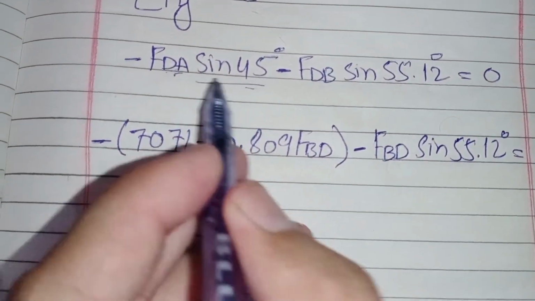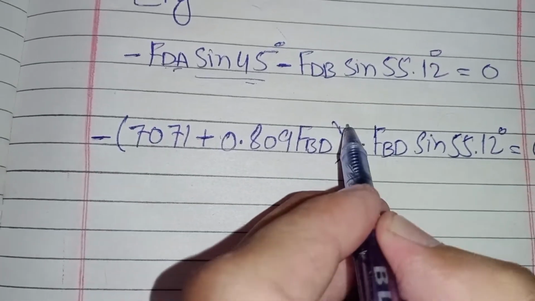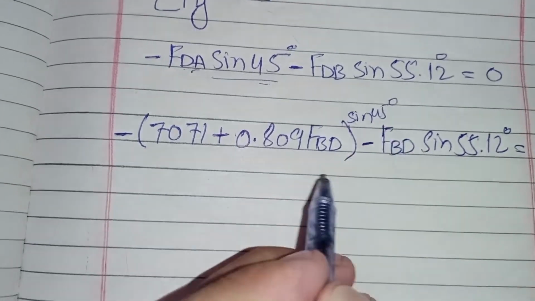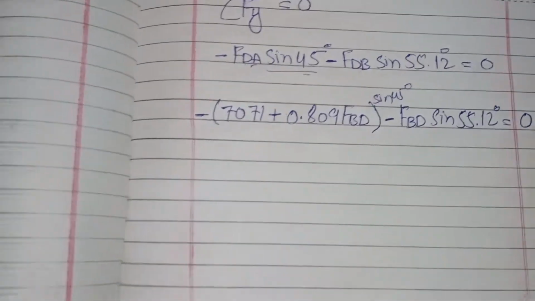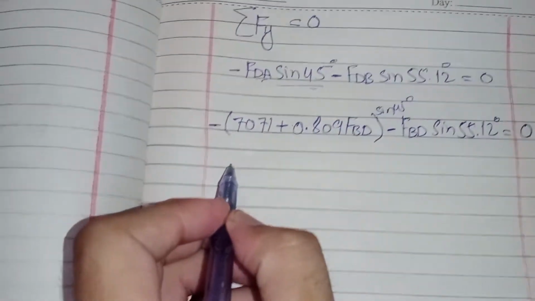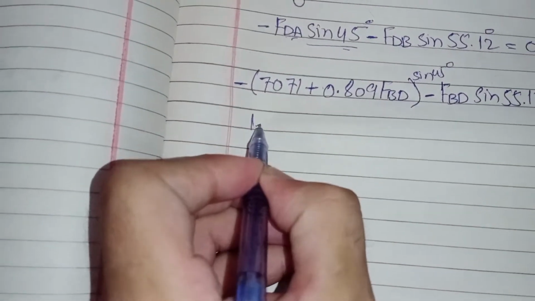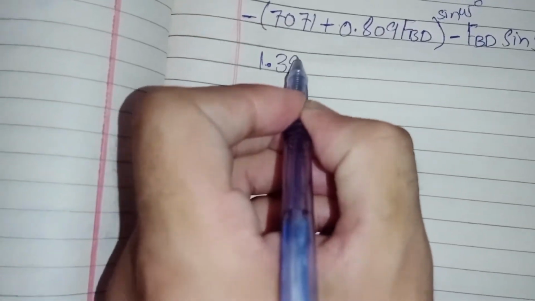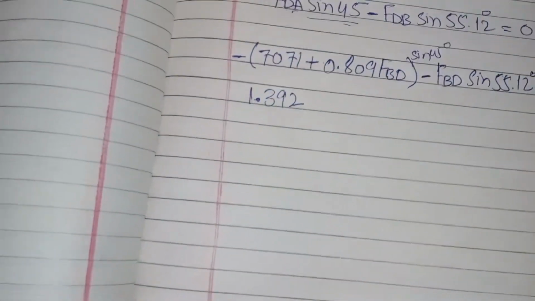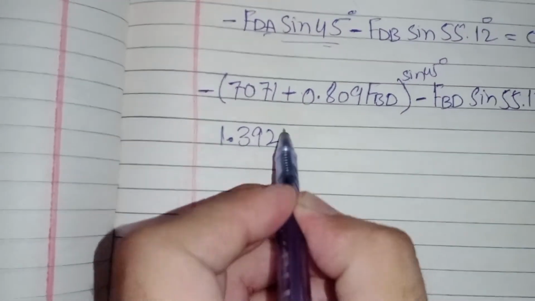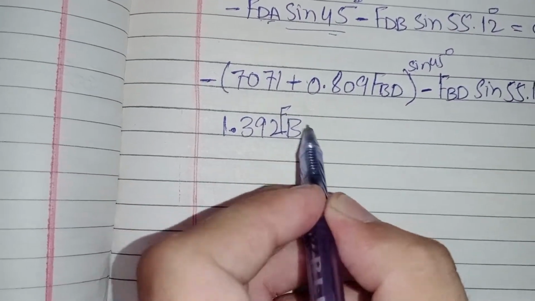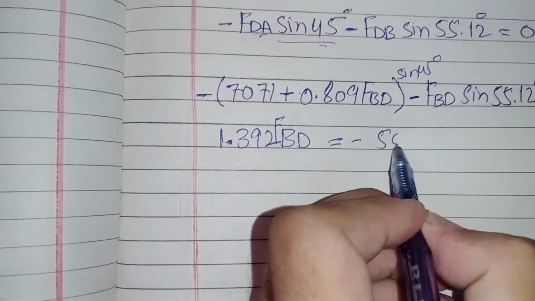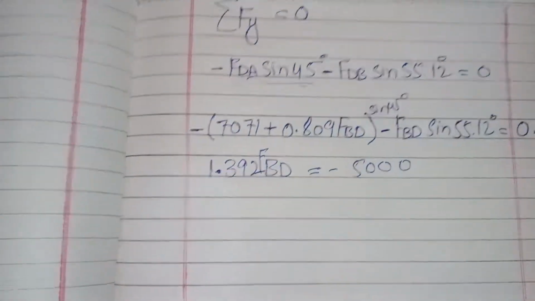Also this is sine 45. When you calculate it, it will come 1.392 F of BD equal to negative 5000.